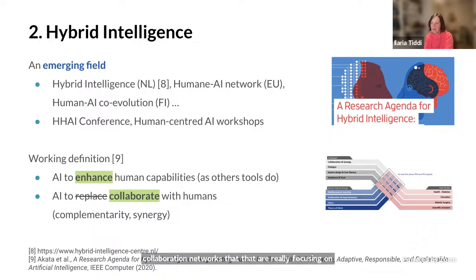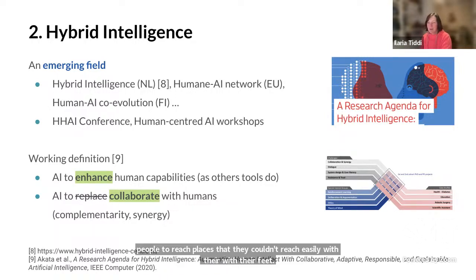We don't really have a proper definition, but we do have a working definition: to aim for AI systems that enhance human capabilities, as other scientific tools would do. Think of the telescope that allows a scientist to look where their own eyes cannot see, or the car or the airplane that allow people to reach places they couldn't reach easily on foot.